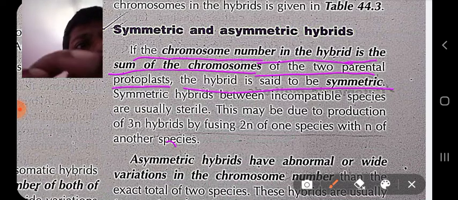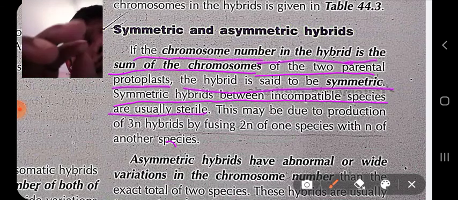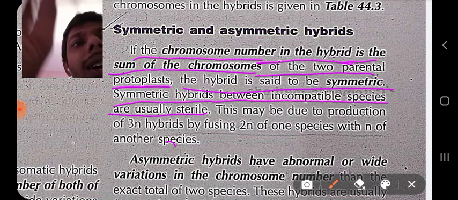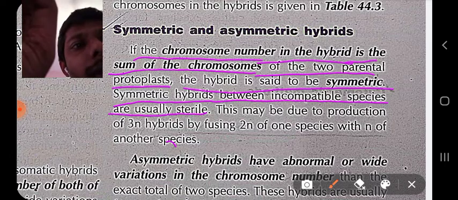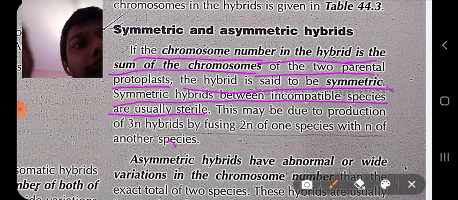Now sometimes symmetric hybrids between incompatible species are usually sterile in nature, and this may be due to the production of 3n hybrids.